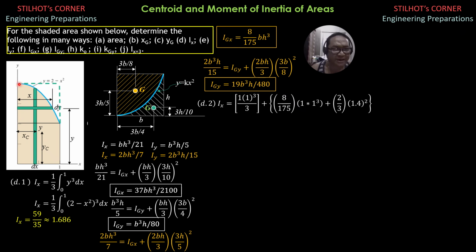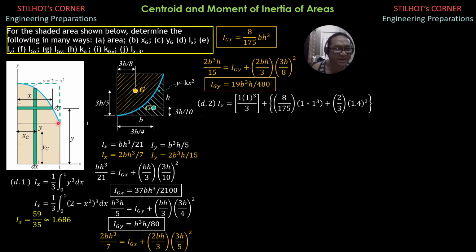For the parabola, since its centroidal axis does not coincide with the x-axis, we have to transfer its centroidal moment of inertia to this x-axis. The centroidal moment of inertia we have just derived for the parabola is 8 over 175. Base is 1, height is 1, so 1 cubed, so it is still 8 over 175.